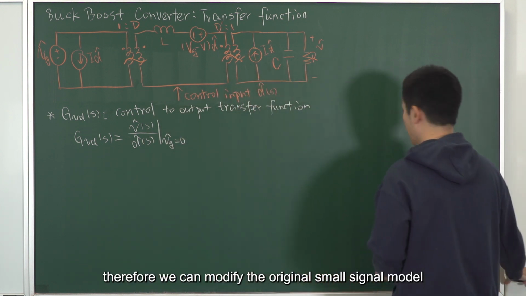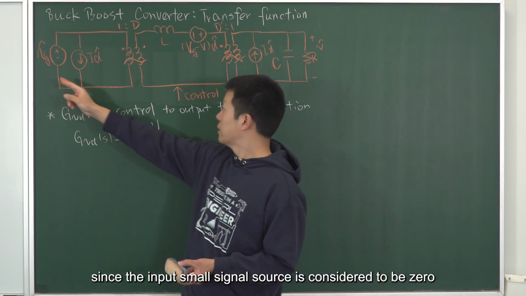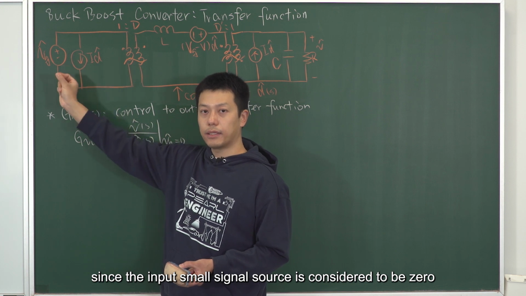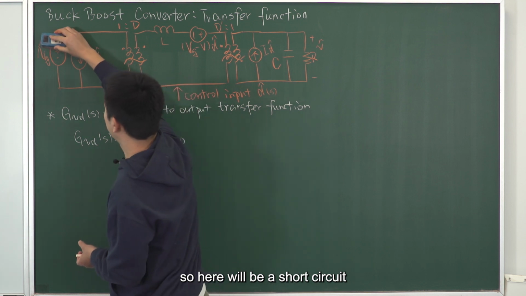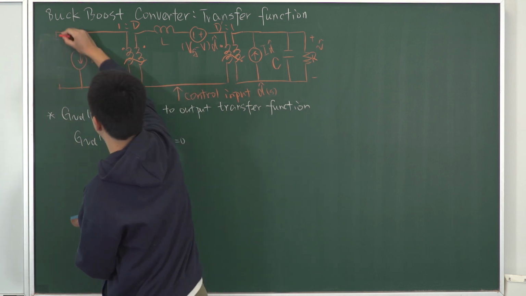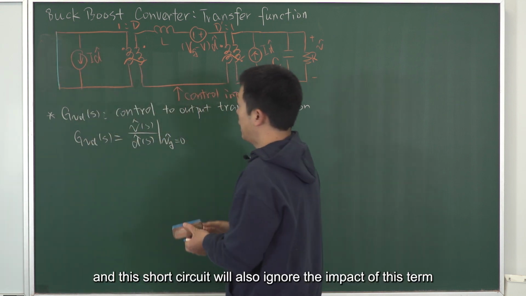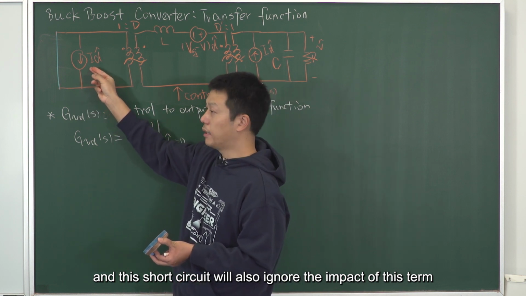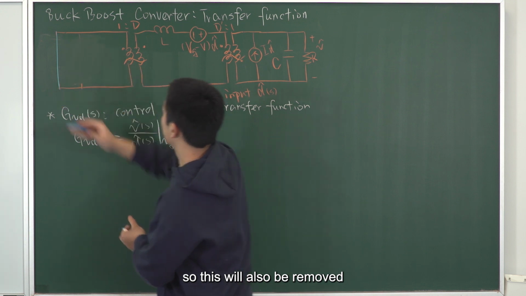Therefore, we can modify the original small signal model since the input small signal source is considered to be 0. So here will be a short circuit. And this short circuit will also ignore the impact of this term. So this will also be removed.